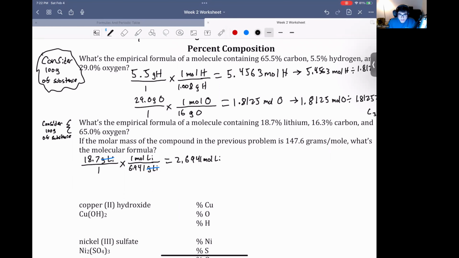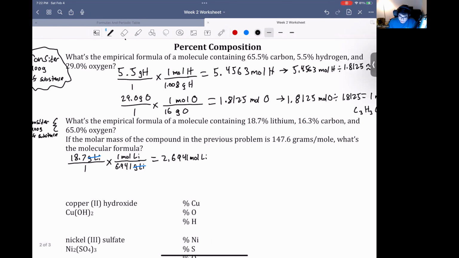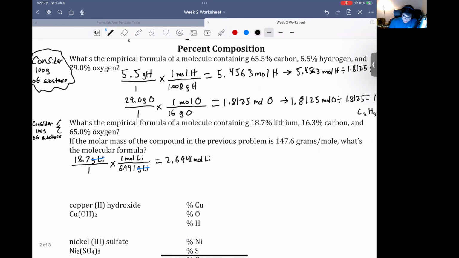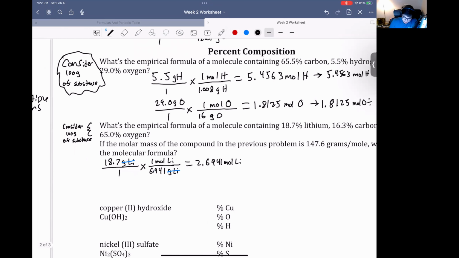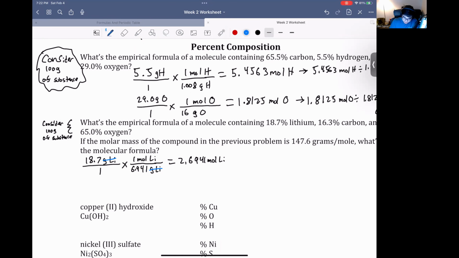All right, next, we're going to do carbon. I should probably label these. I'm going to do carbon right below lithium. For carbon, it's 16.3%, so out of 100 grams, we have 16.3 grams of carbon.